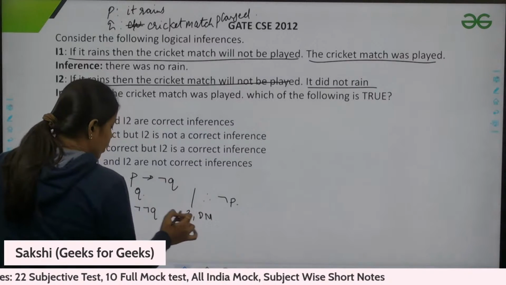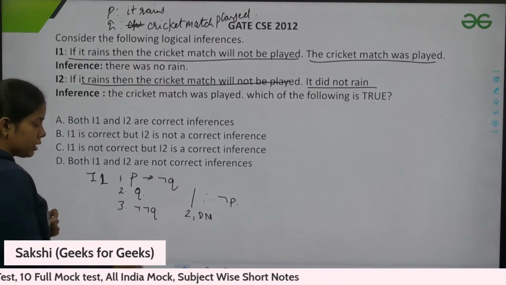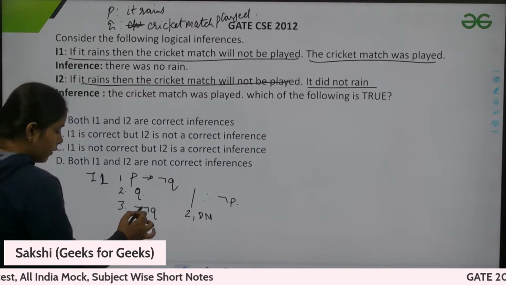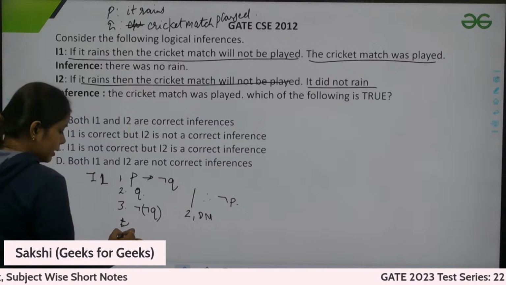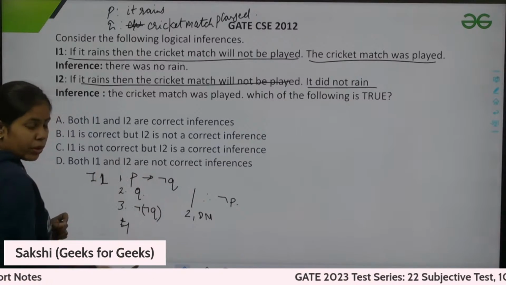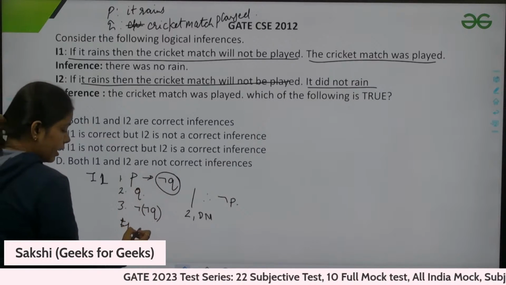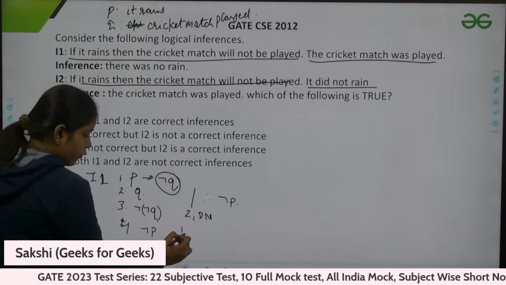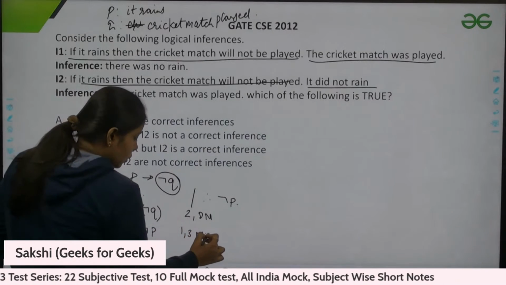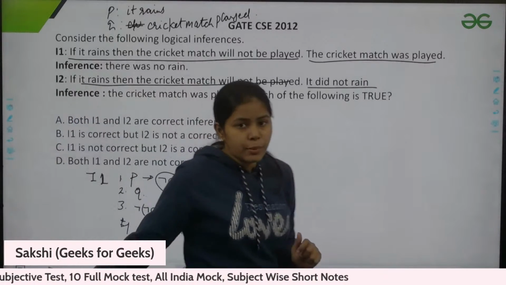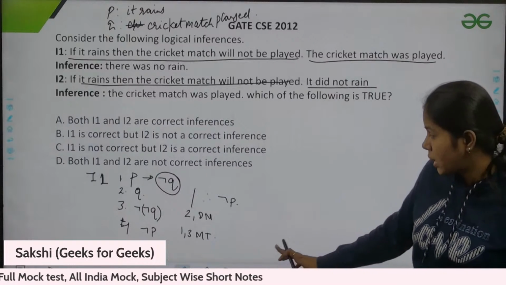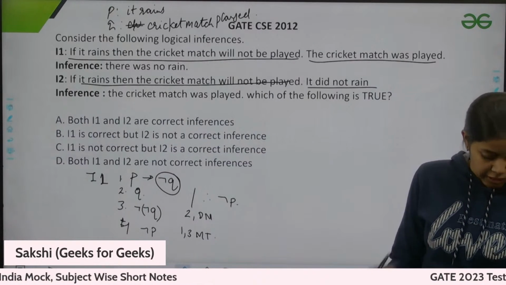Now, taking this, you can see that I can apply modus tollens here. Negation of this whole gives me negation of P, from 1 and 3 by modus tollens. Just let me know if anyone did not understand the fourth step, how I did it, right, the fourth step.